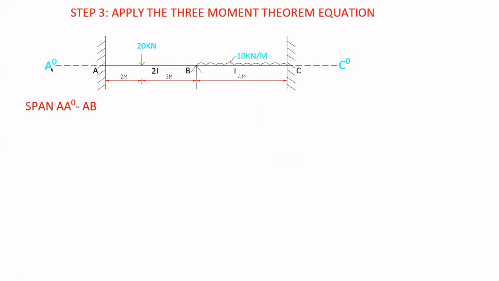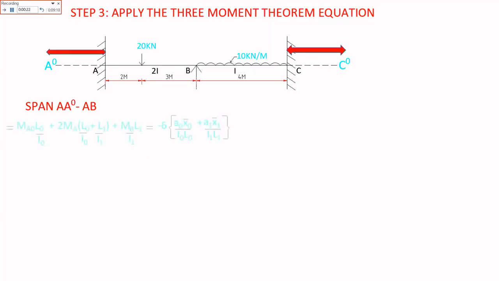We are going to imagine a span on the left side of A, so that is A naught A, and we'll start with that. So we apply now the 3-moment theorem equation, which we'll call this span A naught A.